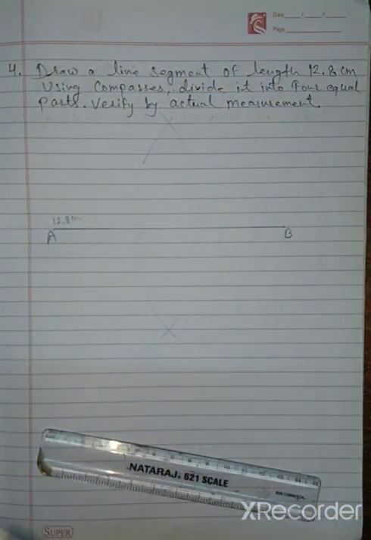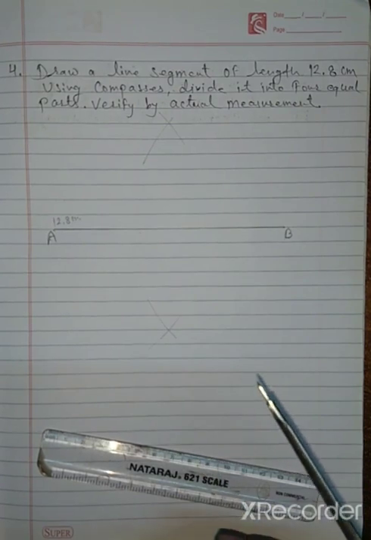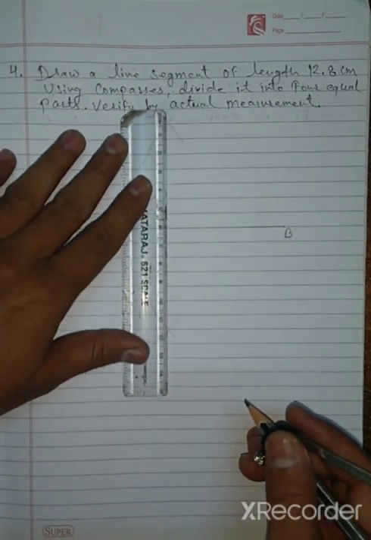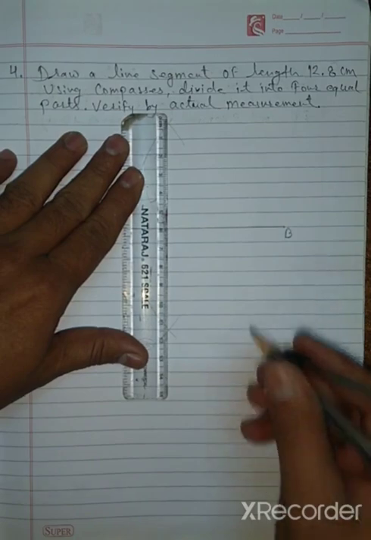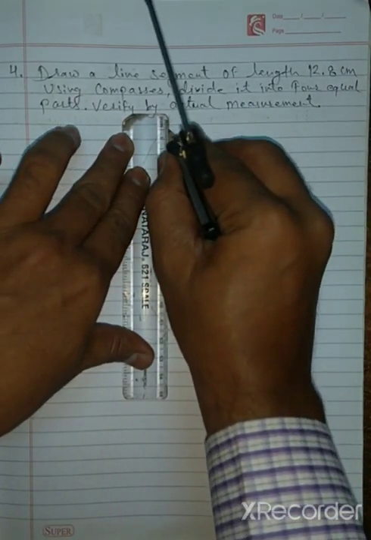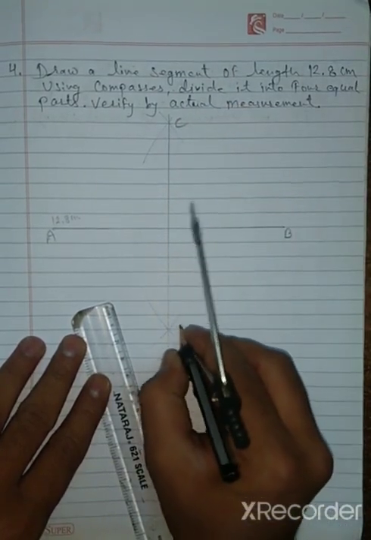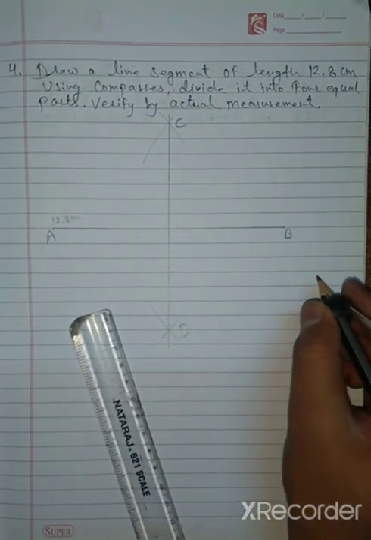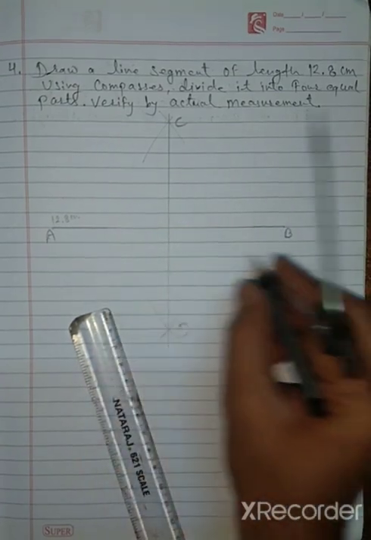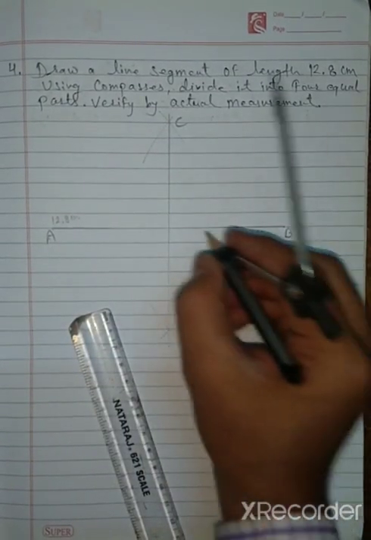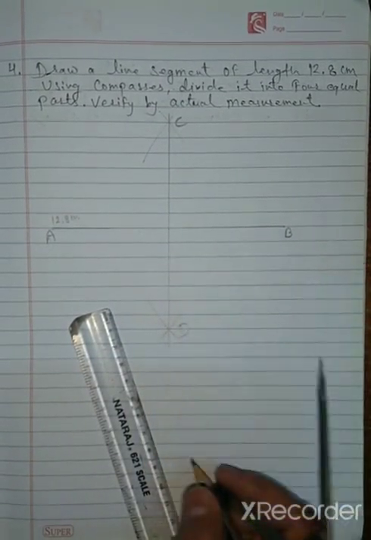If you join these points, name these points C and D. Now CD is a perpendicular bisector of this line segment AB, meaning we have divided it into 2 equal parts.